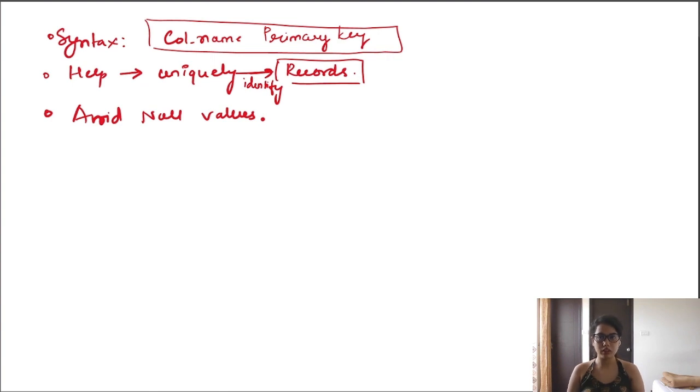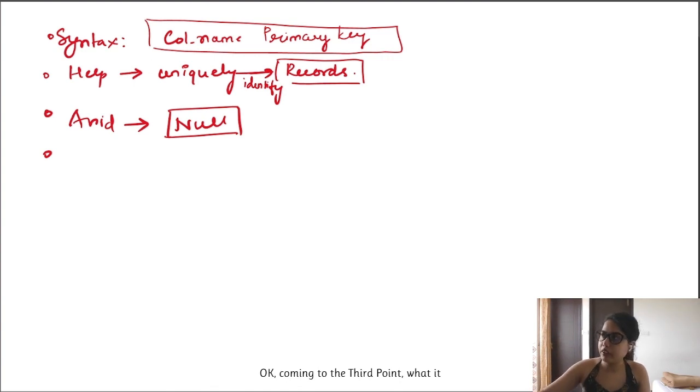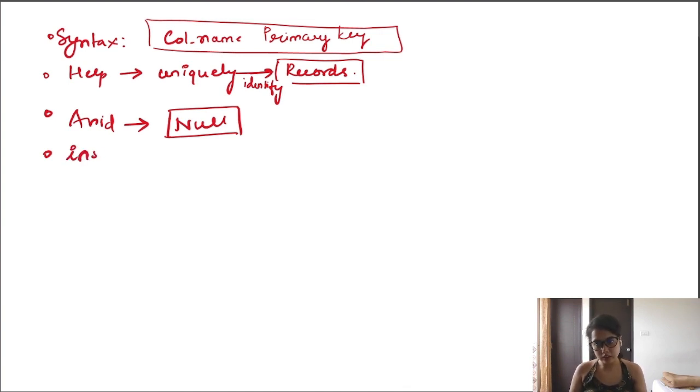Okay, so let me make a mind map here. It will avoid null from entering the column. Coming to the third point, since it is uniquely identifying the complete record, it comes with one more functionality: you can only insert unique values.